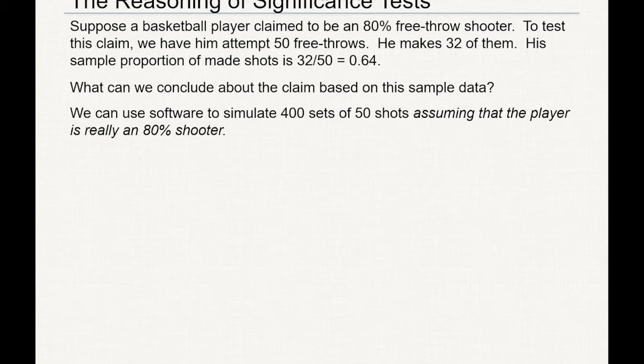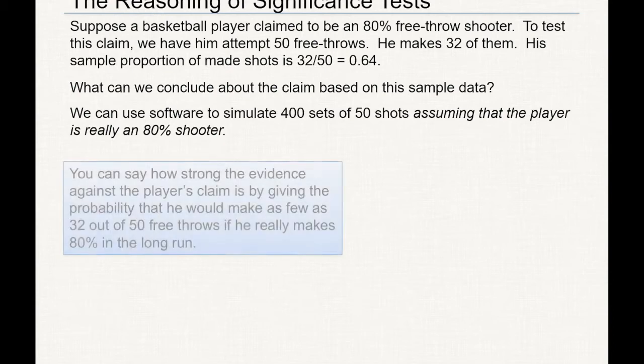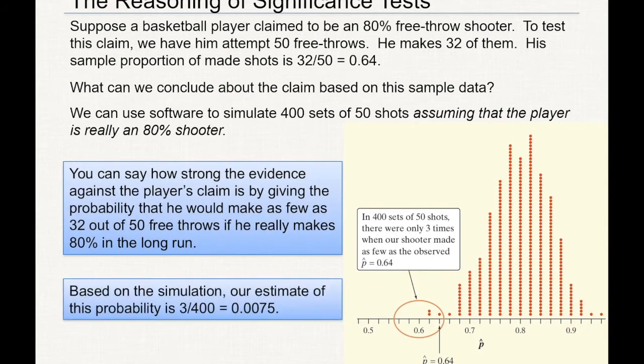Hopefully, from your previous work in probability, you know that if we randomly generate values based upon this reality that the proportion is 0.8, we should end up with a normal distribution looking scenario centered on 0.8. And when we do this, sure enough, we end up with this normally distributed looking dot plot.